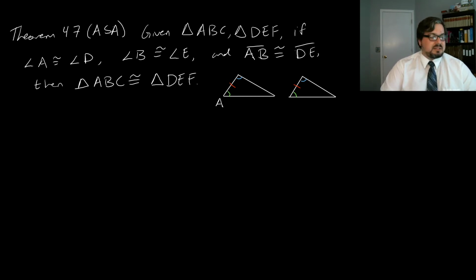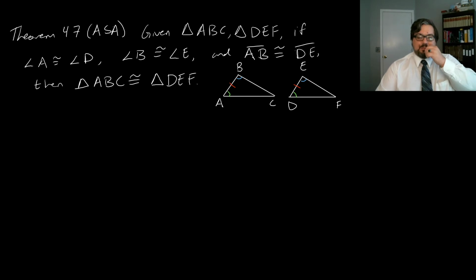Let's call this A, B, C, D, E, and F. And so let's suppose that we have this situation, and we want to prove that the triangle on the left, ABC, is congruent to the triangle on the right, DEF.